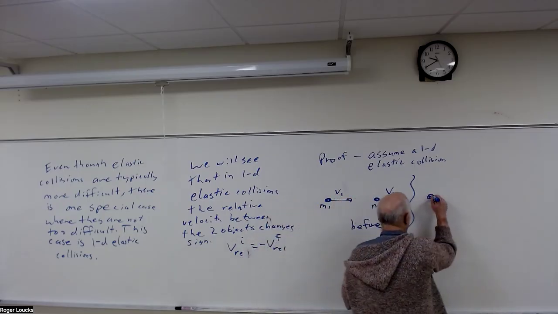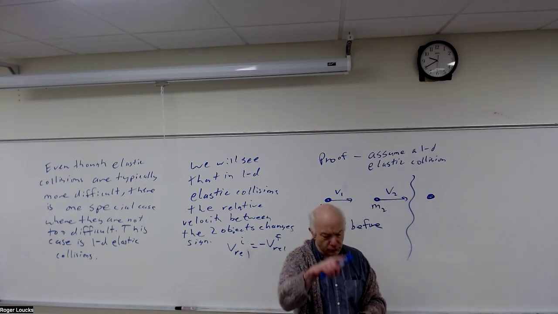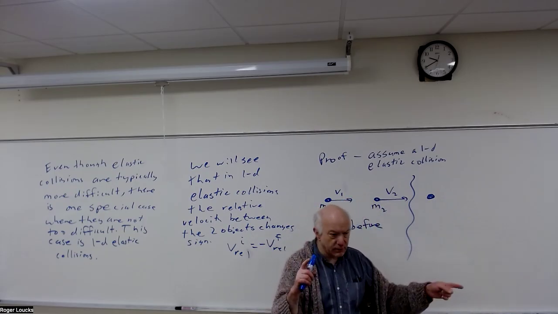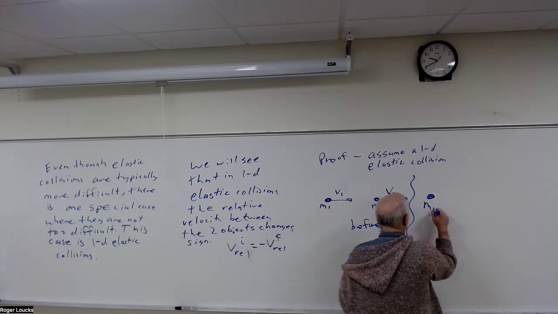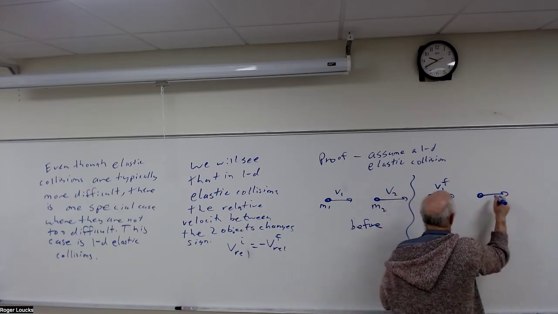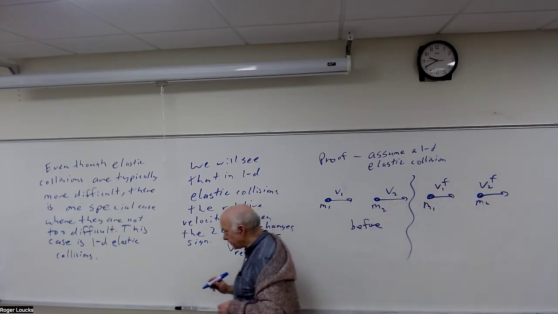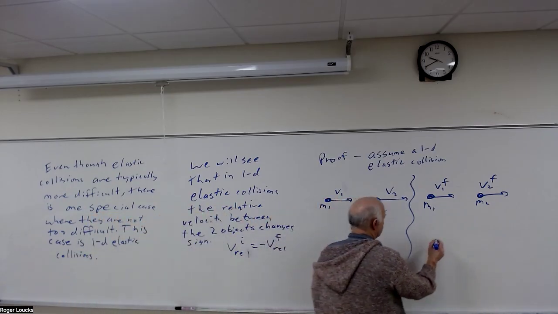And again, when you do a derivation, just assume everything is either going up or to the right, then you don't get these weird minus signs coming in. So after the collision, I'm going to say that this one has some velocity V1 final, and this has some velocity V2 final. Okay, so this is after the collision.